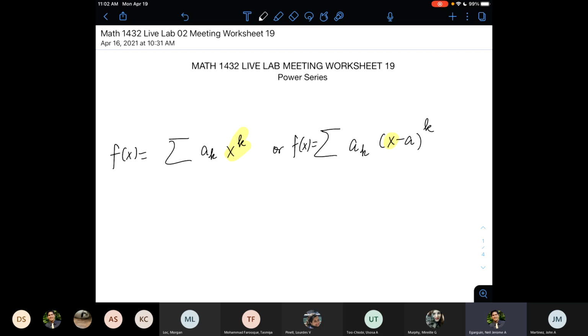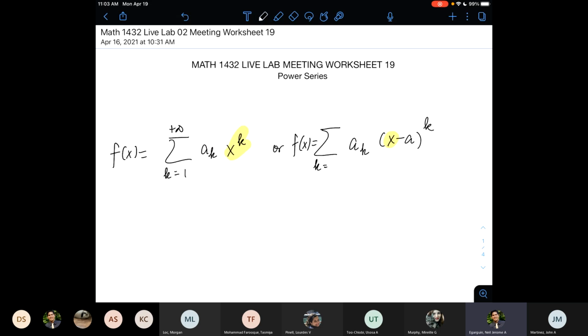And since there are variables x now, the convergence or divergence of this power series will not only depend on the factors involving just the number k, which is the index of the summation, but also on the values of x. So just to make it clearer, here I'm summing from k from 1 to infinity. Actually, it doesn't matter what the starting k value is, as long as it is finite, right?